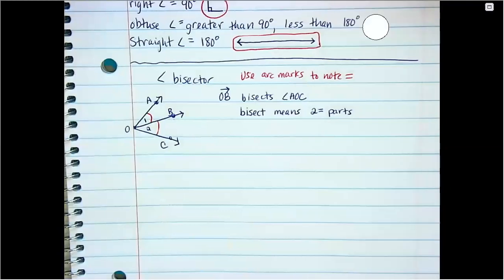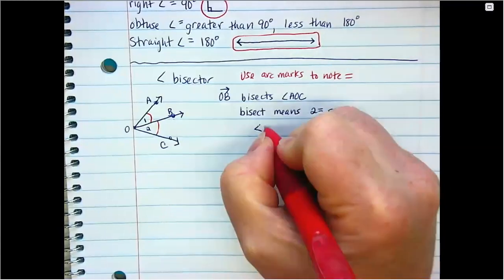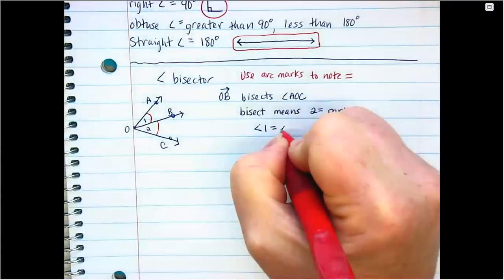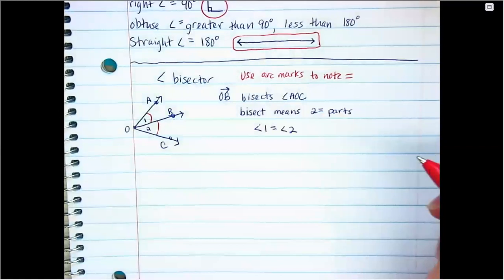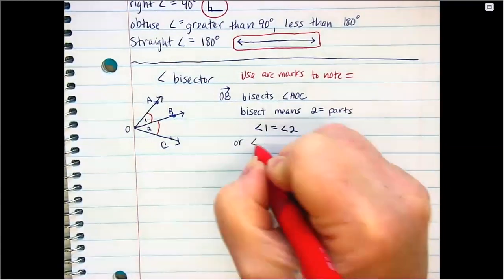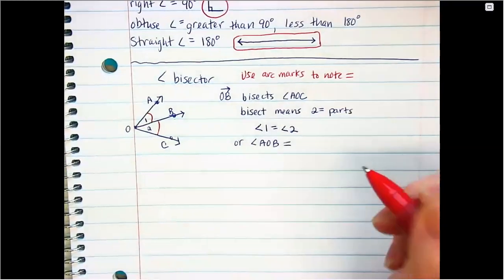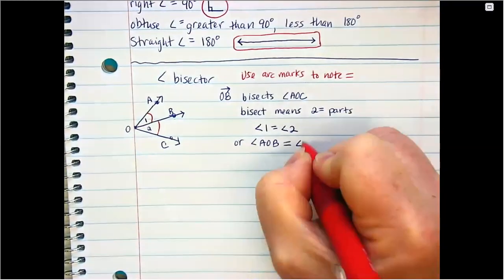Okay, so what this means to us is that angle 1 is going to be equal to angle 2. Or if they don't give you numbers, because they won't always, we can say that angle AOB is equal or congruent to angle BOC.